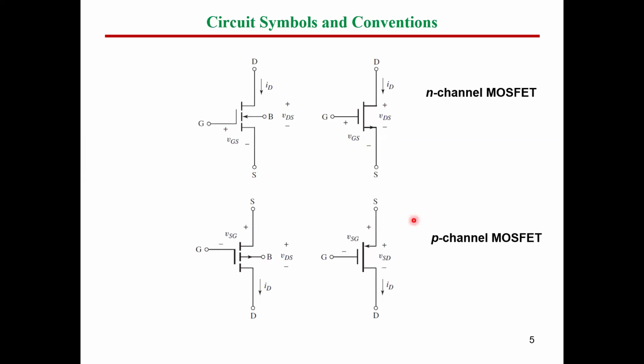In terms of symbols, these are the well-known symbols for MOSFETs. So let's start with the left-hand side, guys. Here the first terminal is the drain, and this drain is connected to this dash here, and the other dash here refers to the channel itself.